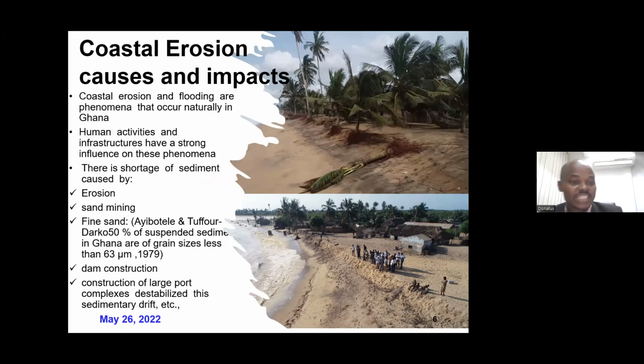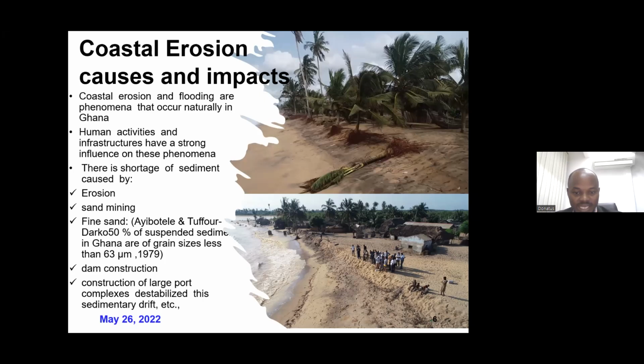Coastal erosion is a natural phenomenon, as we know, but this natural phenomenon has been exacerbated by human activities and natural activities. If you come to Ghana, along the coastline, you will find several human interventions.